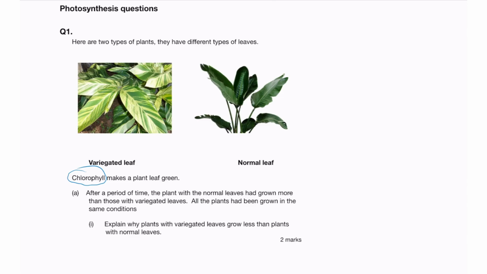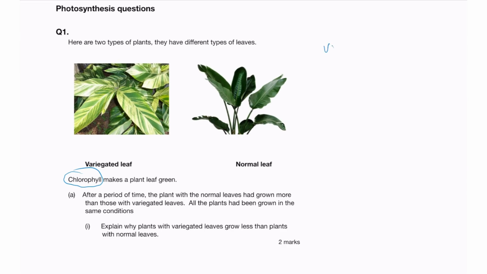So, basically, the variegated leaves have less chlorophyll. So we need to write that. So the variegated leaves have less chlorophyll. And then you need to link that all to photosynthesis.